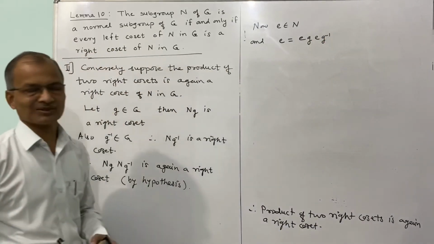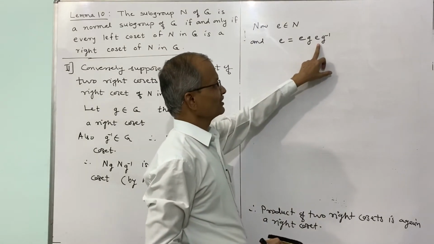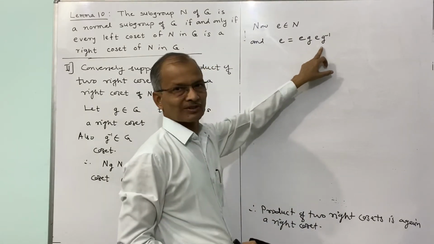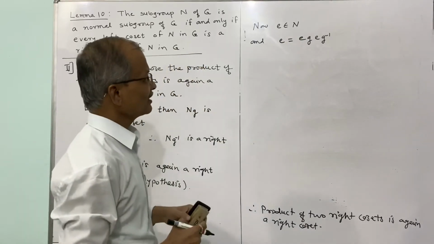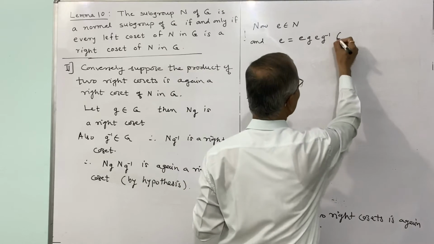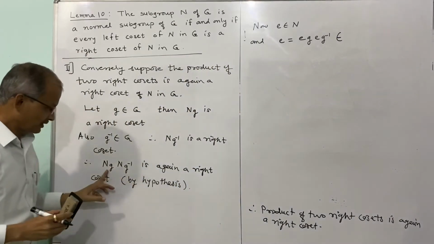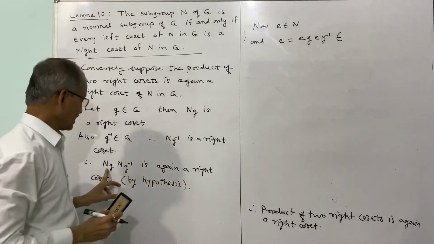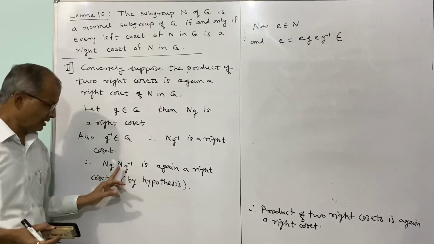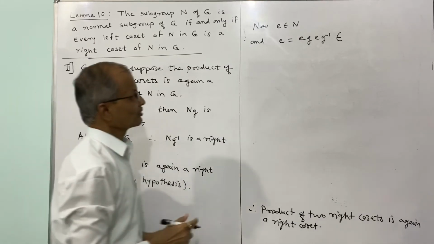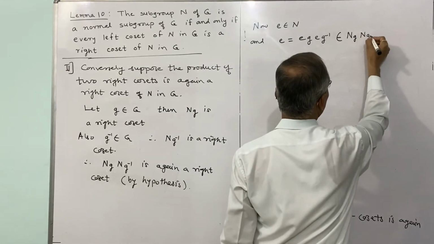Now we should verify this. eg is g, eg inverse is g inverse, again g into g inverse is e. So therefore e can be written like this. And why have we written e like this? Because we want to say that this element eg belongs to the first right coset Ng, and the second element eg inverse belongs to the second right coset Ng inverse. So this belongs to Ng inverse.